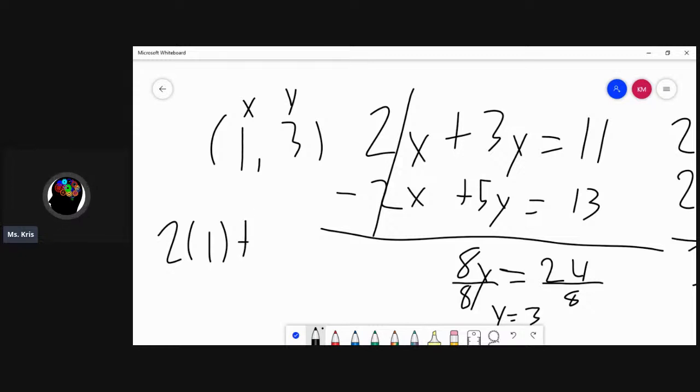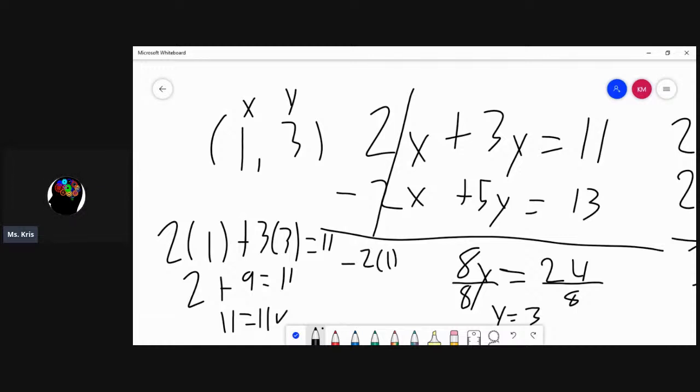Two times 1 plus 3 times 3 should equal 11. And 2 plus 9 should equal 11. 11 does equal 11, and that checks out. Negative 2 times 1 plus 5 times 3, that should equal 13.